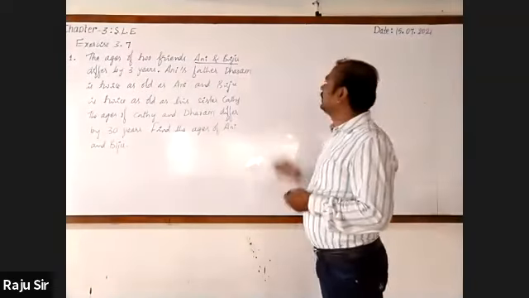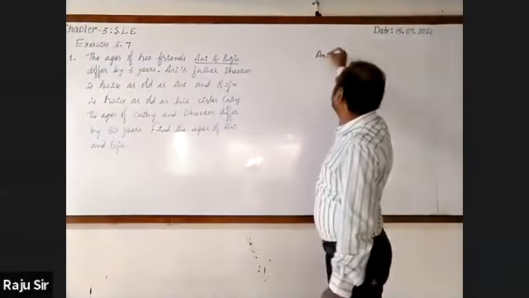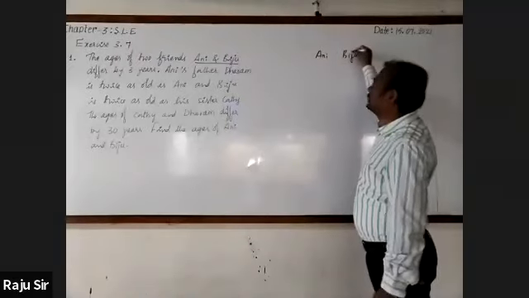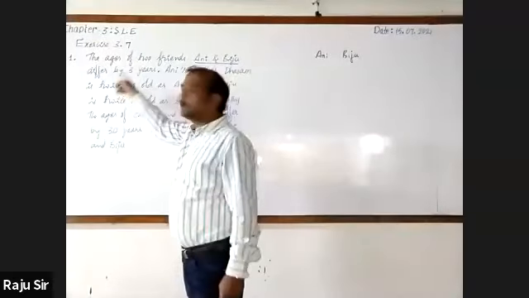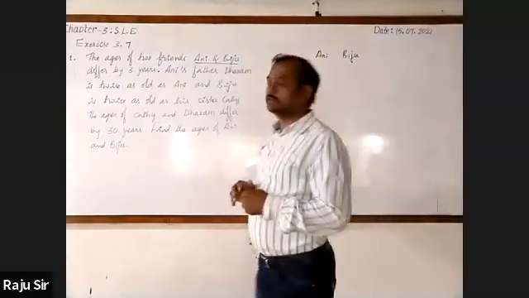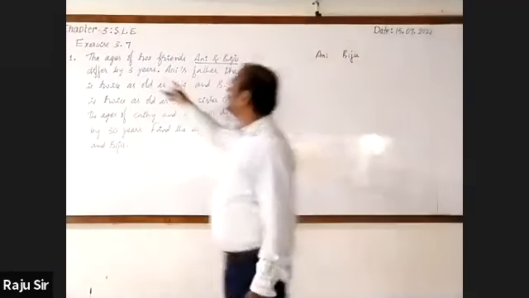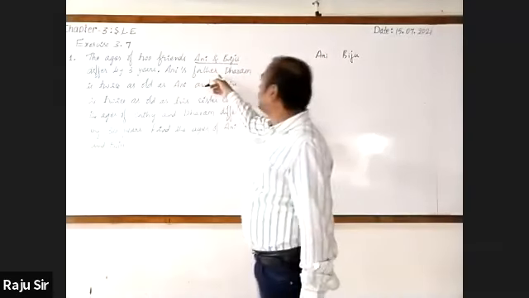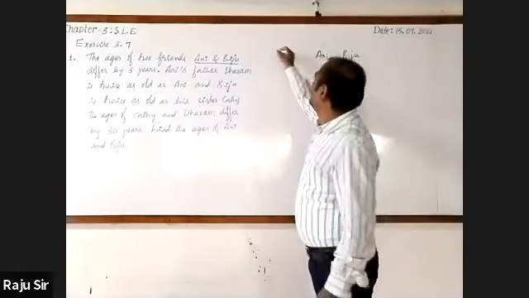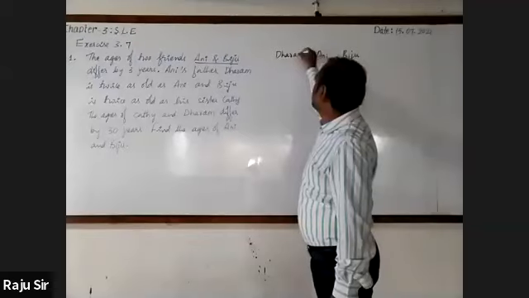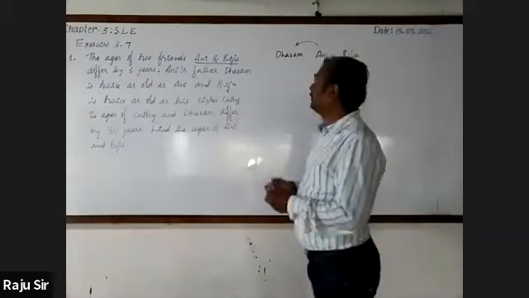Let me go for writing them. Ani and Biju. Next, their ages differ by 3 years. Next, Ani's father Dharam. Dharam is the father of Ani.